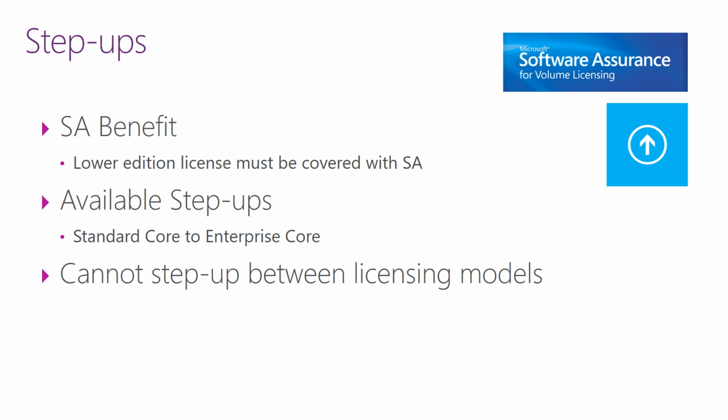Be aware that you can't step up between the licensing models. You couldn't go from Standard Server to Enterprise Cores. It's just that single step-up that's available. But again, this is useful if you've got Software Assurance and you can move easily to a higher edition license by buying the SA step-up.